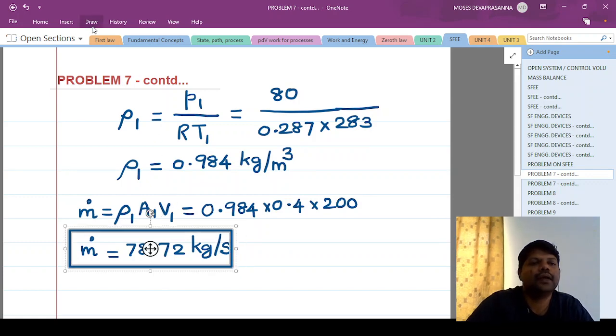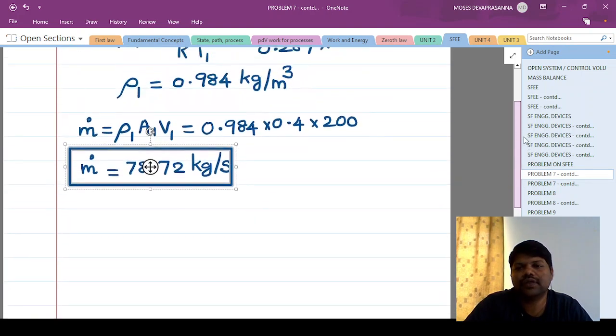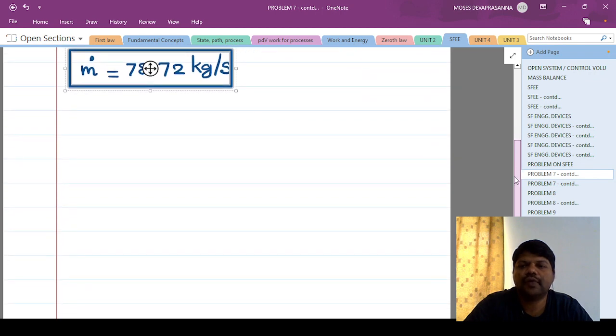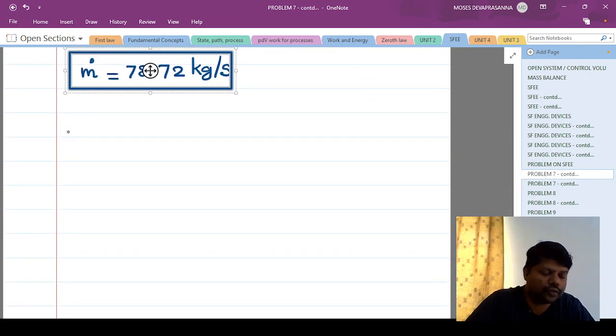Okay. So next we will move on to the next question, that is to find out the temperature at the exit of the diffuser. For finding out the temperature, I am going to apply the steady flow energy equation. Let me write the SFEE, short form of steady flow energy equation.